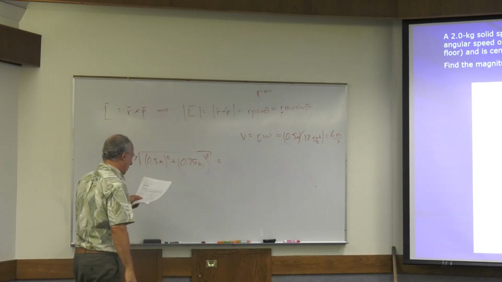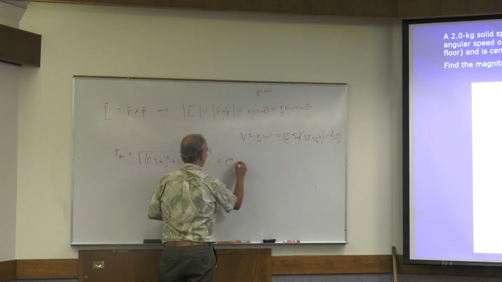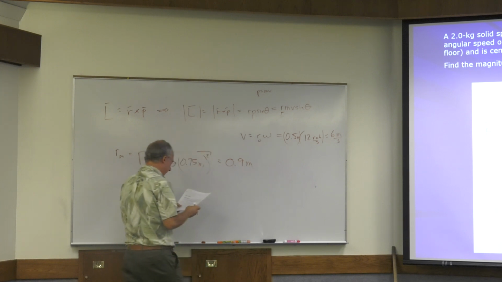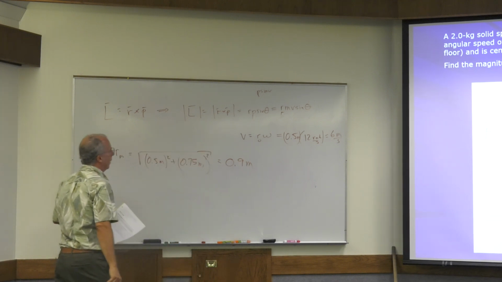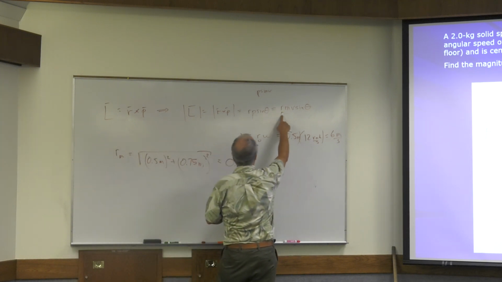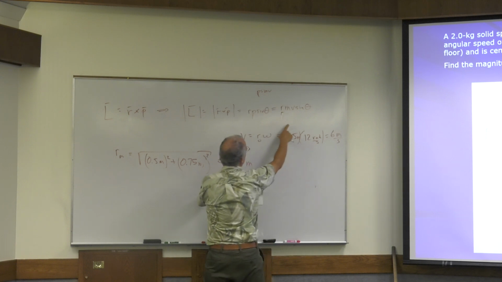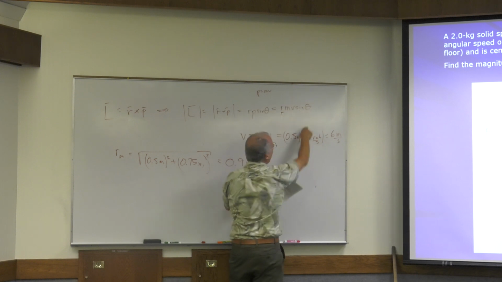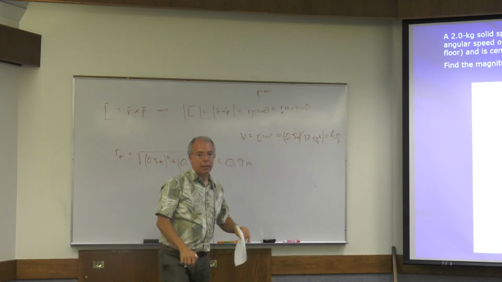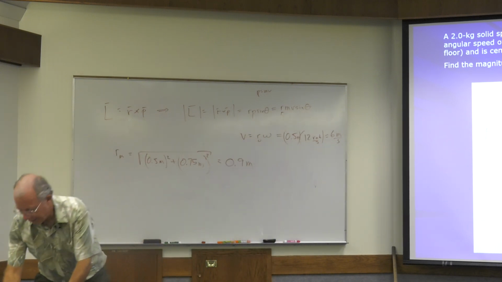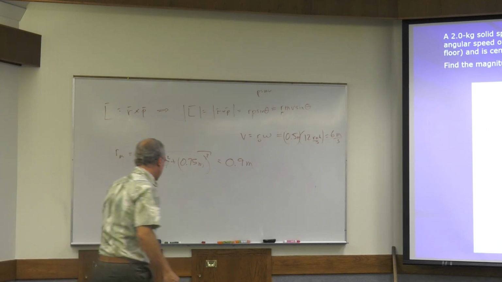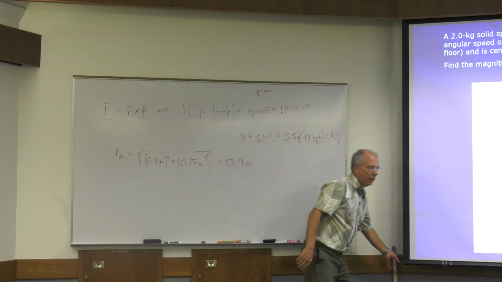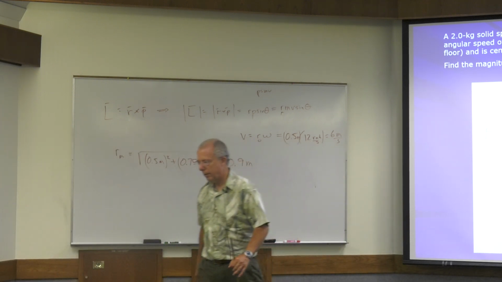I promise you do that, you get 0.9 meters. All right. Okay, so let's see. We have the R position vector, 0.9 meters. We know the mass. We get this V, right there. What's theta? Now that is tough for many students. So let me see if I can sort of demonstrate it.